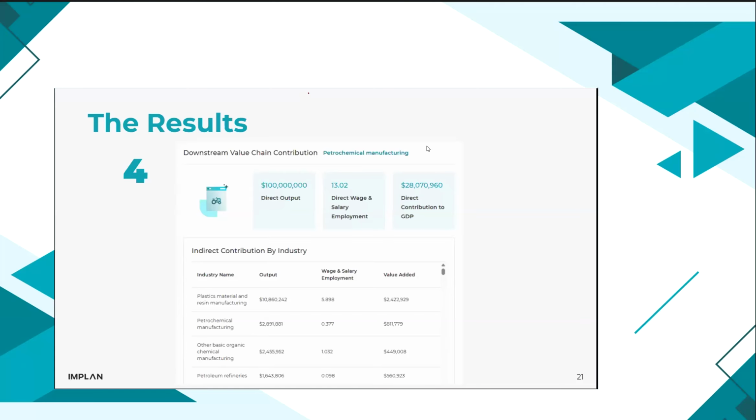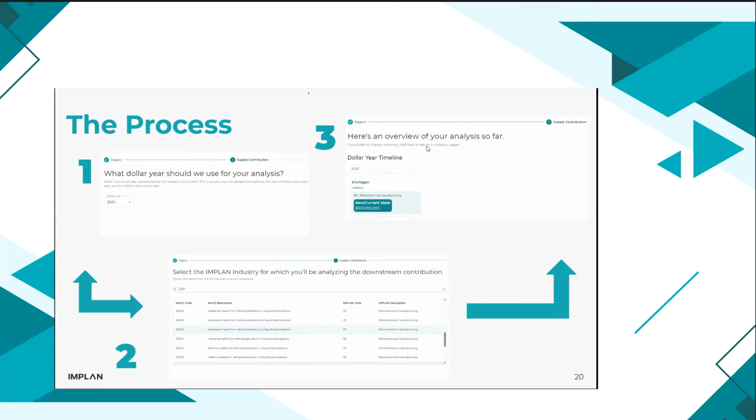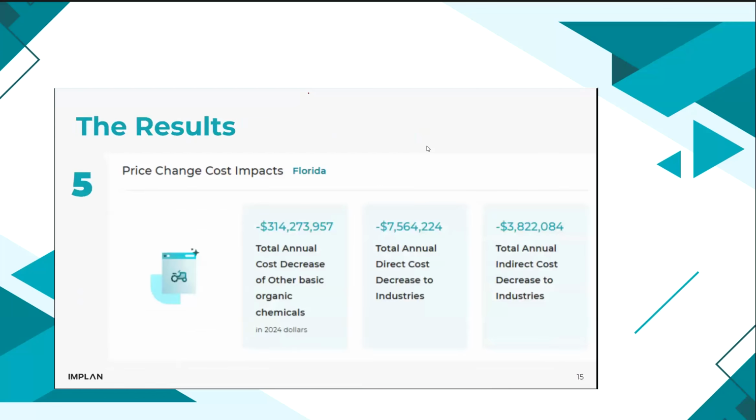But, and this is something we point out in our forward linkage support site content, when we think about indirect effects, there is a distinct difference between our indirect effects with forward linkages and our indirect effects with backward linkages.